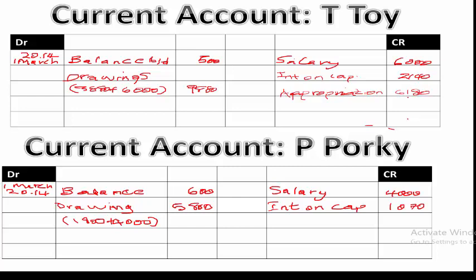And for Porky, our piggy, we have appropriation account, it was 3,090, right? Again, forgive my handwriting. I'm sure it will improve in time, but for now, please bear with me.